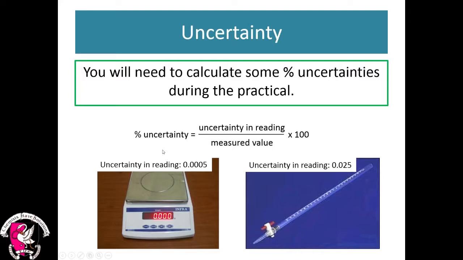To work out the percentage uncertainty, you take the uncertainty in the reading, which is one of these two depending on the piece of equipment, divided by the measured value. That's whatever you measure. So if you're weighing a mass of, say, 1.1 grams, that would be the measured value 1.1, and then you multiply by 100, and that gives you a percentage uncertainty for that one reading. The important part is that it's just for a single reading.